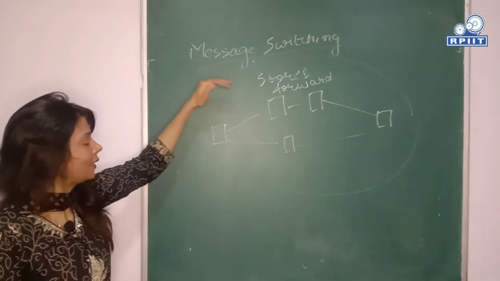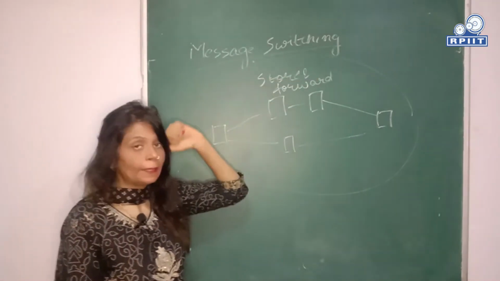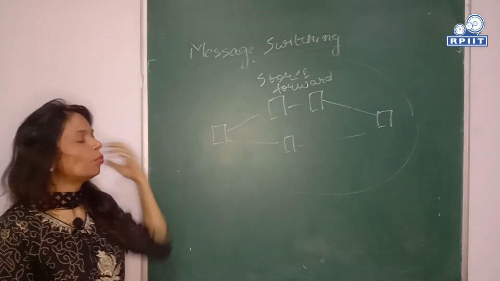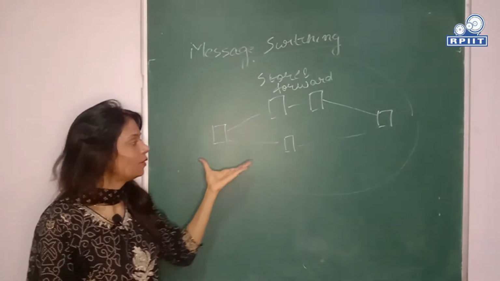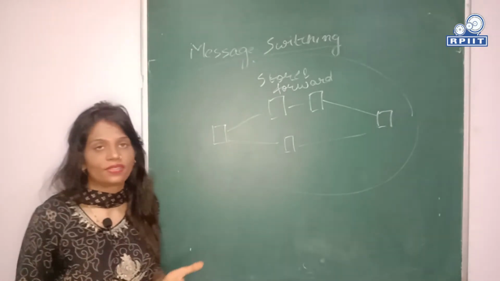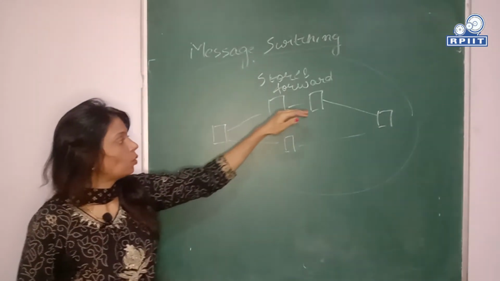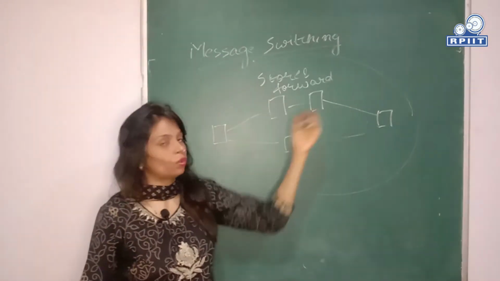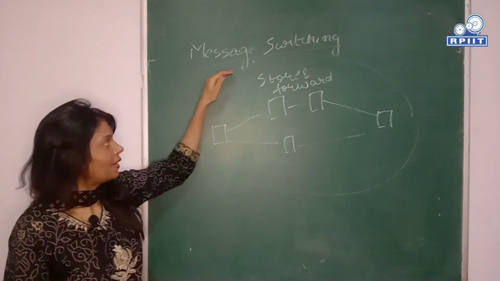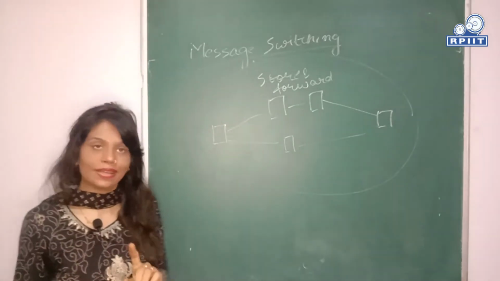That is why this technique is also called the store and forward technique. Under this technique, there is no propagation delay, because no prior circuit establishment is there between the two nodes. But the delay at all the intermediate nodes is there. So some delay is there with message switching, but propagation delay is not there.